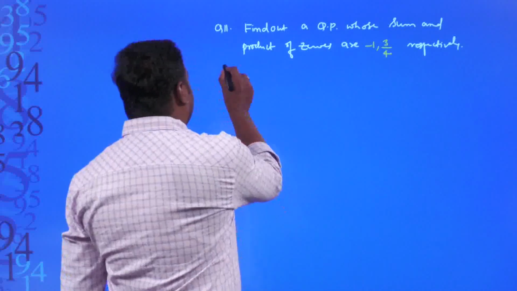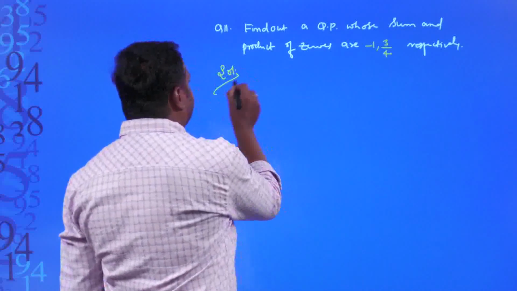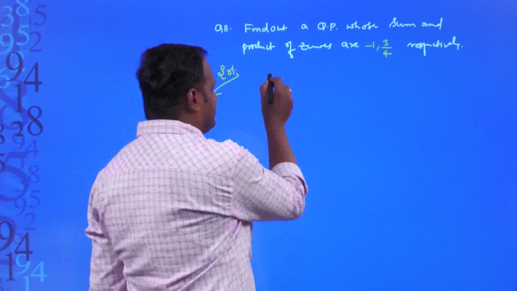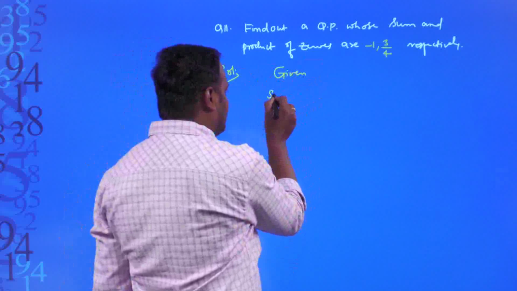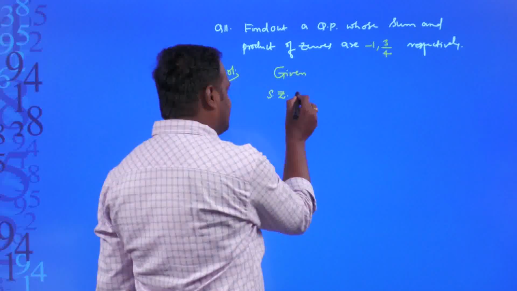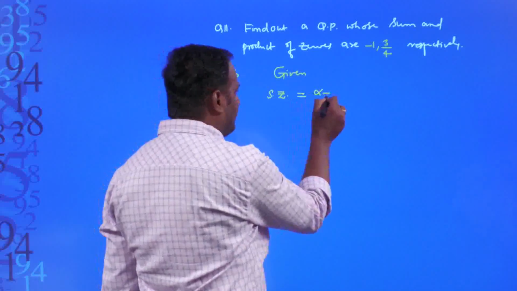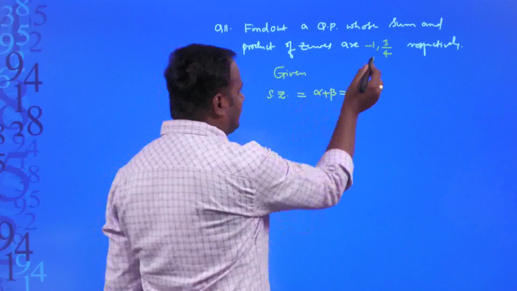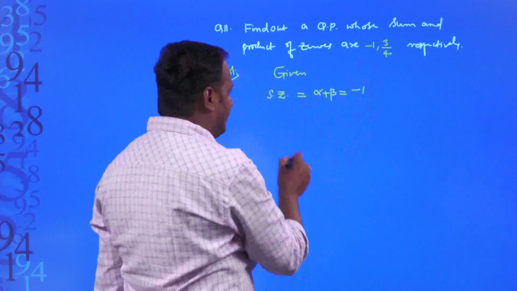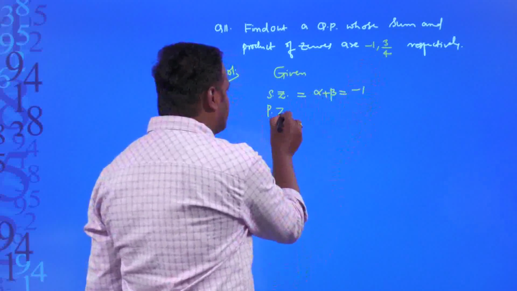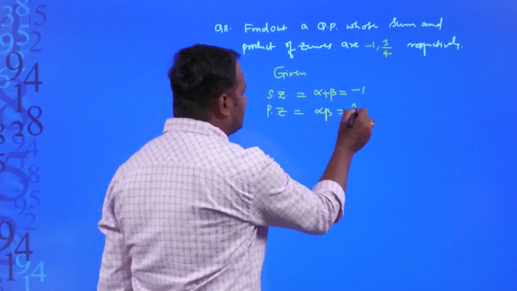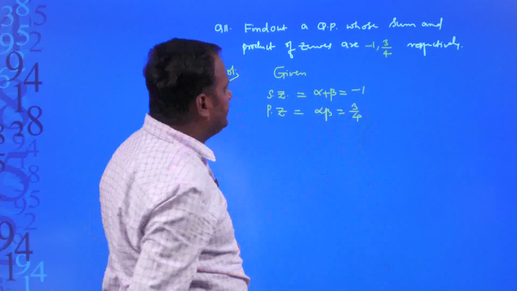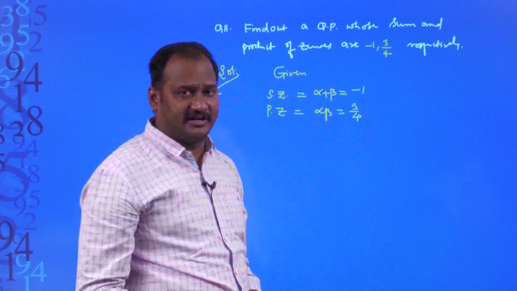So you will have to understand this one point from the problem, that is what is given here, sum of zeros. Sum of zeros is alpha plus beta, which was given as minus 1, and product of zeros is given as alpha into beta, which is equal to 3 divided by 4, and you are asked to find out what is the quadratic polynomial.